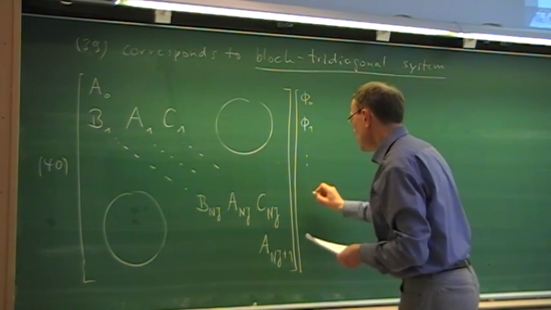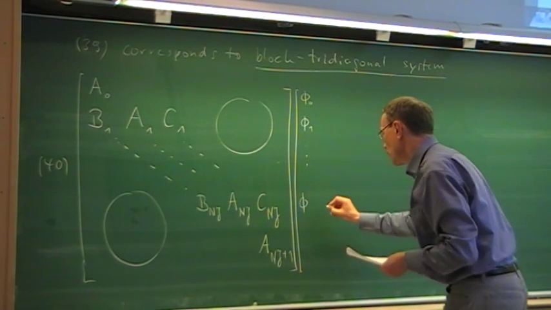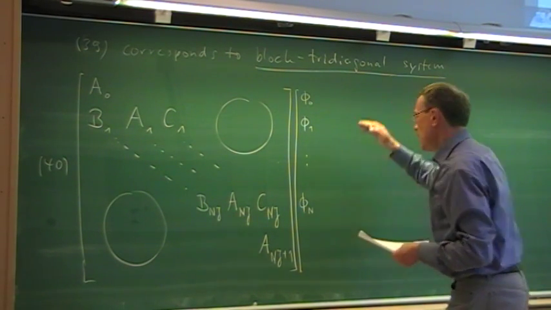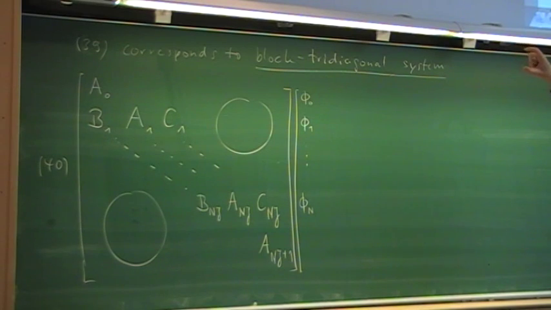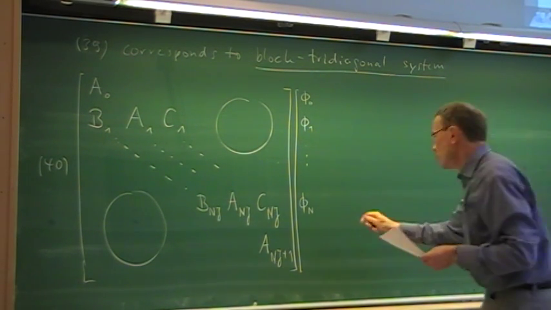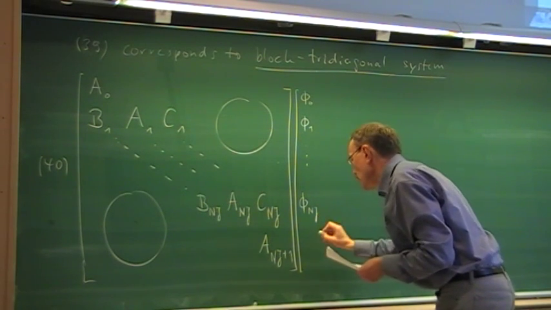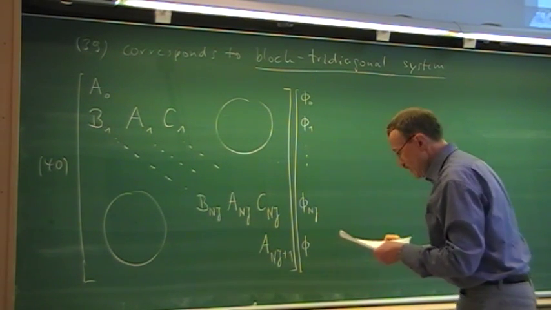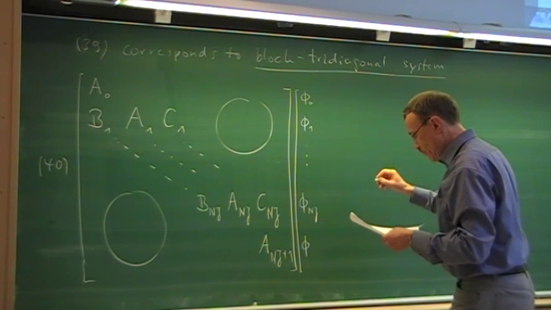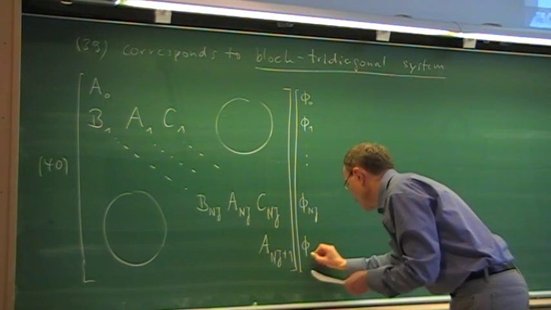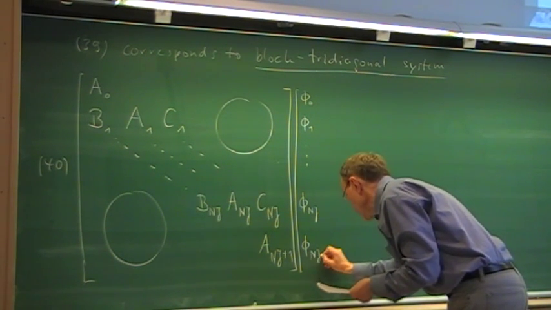And then we continue to that. Then we get to our unknowns in the row adjacent to the upper boundary, which is nj. And then we have the boundary conditions at the upper boundary, which are denoted by phi nj plus 1.